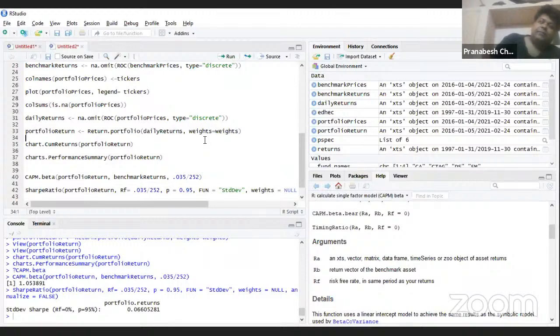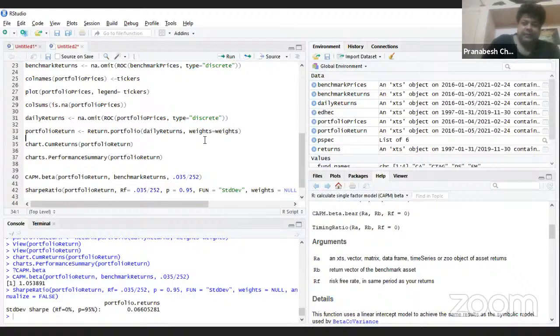And number three, we have completed the CAPM and the Sharpe ratio model. All of you practice this. I have sent the code to Sachin sir, and you can take it from him and try to understand what the code is doing and why.